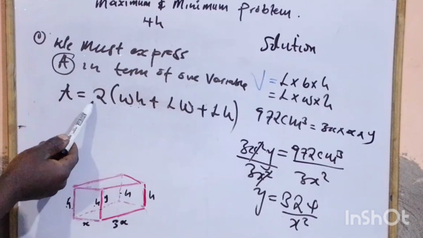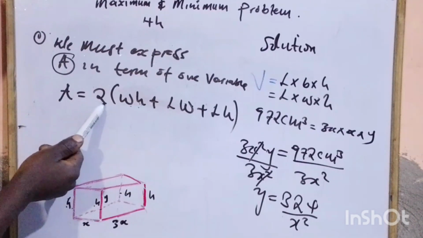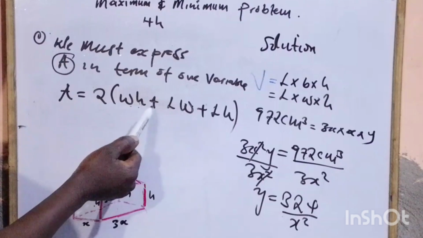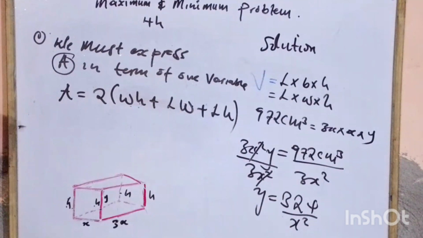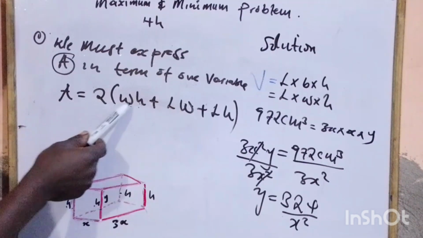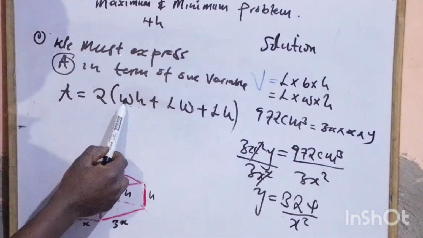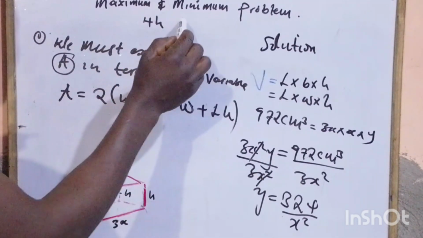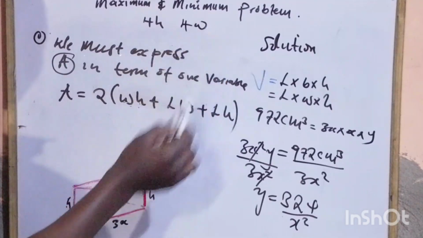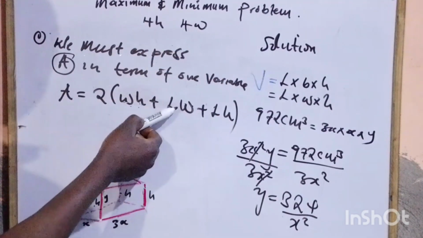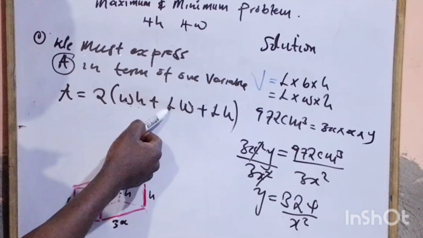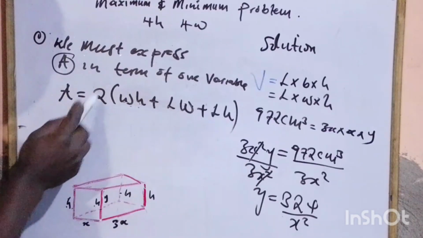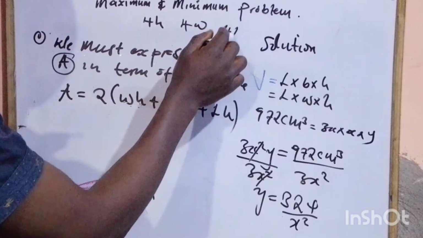That's why this formula is 2 times 2h, which is inside here. Then for w we also have w plus w, which is 2w, times 2, you are going to have 4w. Same for l plus l, which is 2l, times 2, you are going to have 4l.